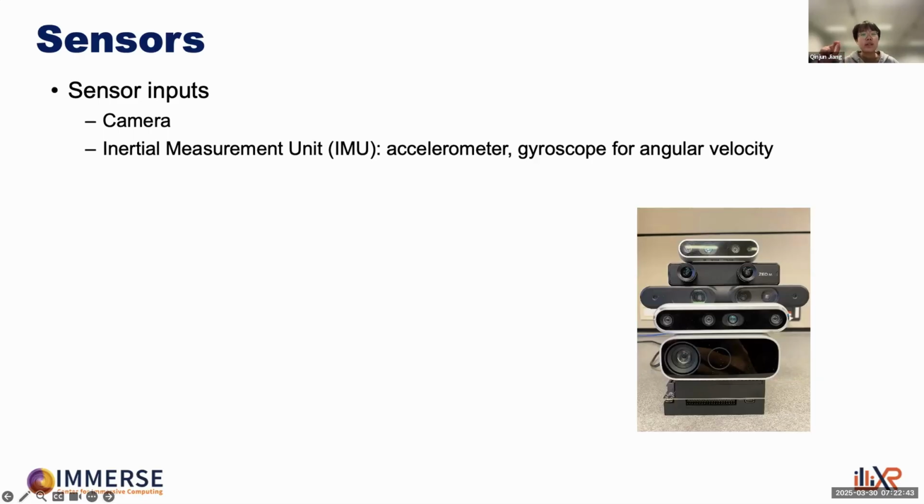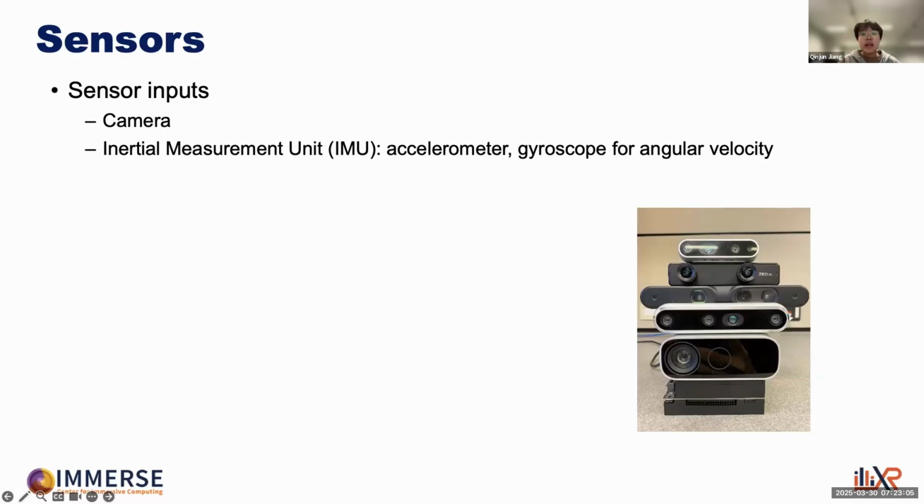And to complement IMUs, there's also the camera. Cameras can provide much more information about the user's surroundings because they actually show you what it looks like. But the drawback of cameras is that they are slow and can only run at tens of FPS.